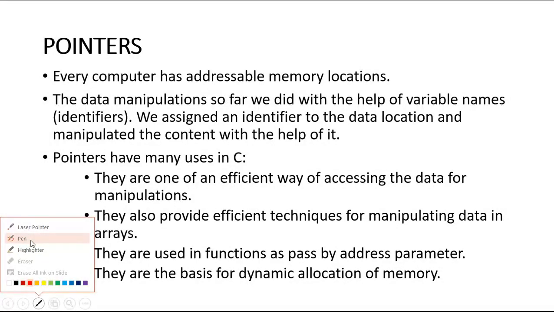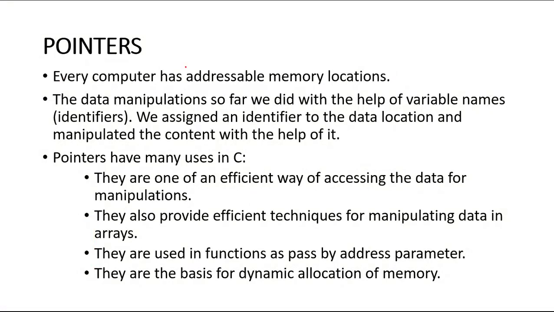If you read this statement, every computer has addressable memory locations. This I already explained. In every computer, all memory locations will have addresses, a unique, distinguishable address, which is different for every memory location. After that we said that so far we manipulated the data with the help of variable names.